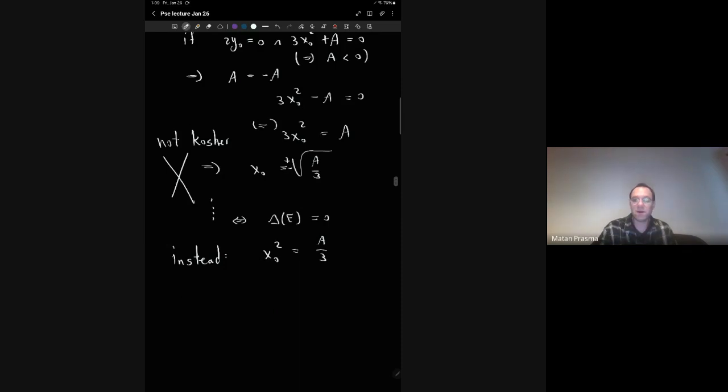And now I do the following. We have x0 cubed minus a x0 plus b equals y0, but y0 is 0 in our case, so it equals 0. And now I plug in this x0 squared.